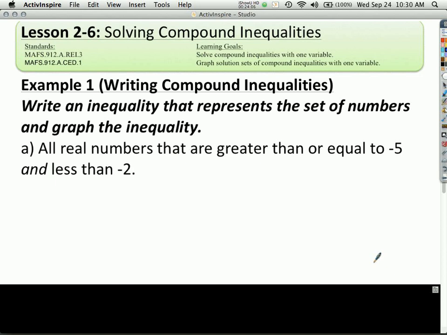And it's not necessarily super easy, so read carefully. What do you think? Is this an and or an or? What do you think, Amari? Okay, Laurel? You think it's an and? Yasmin? Are you sure? How do you know?